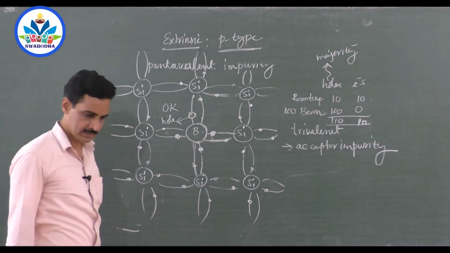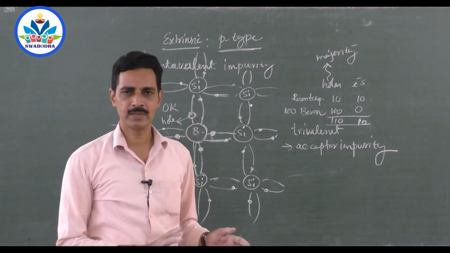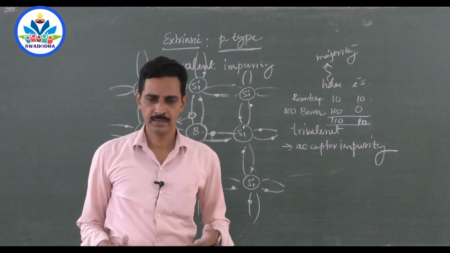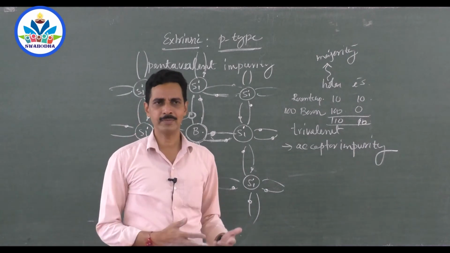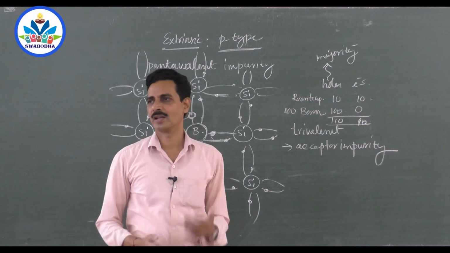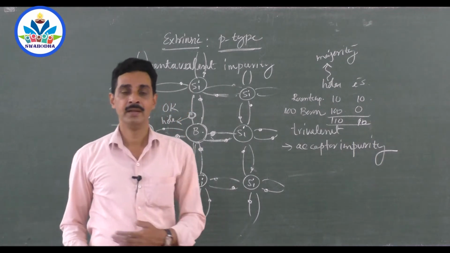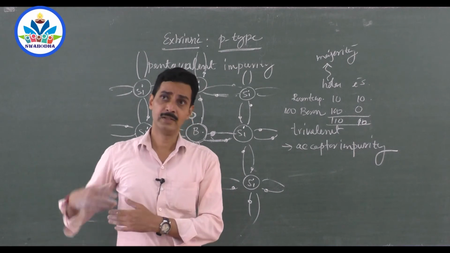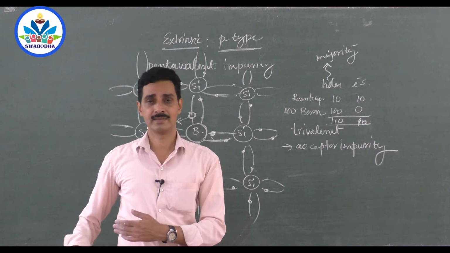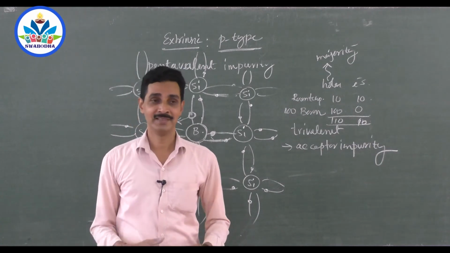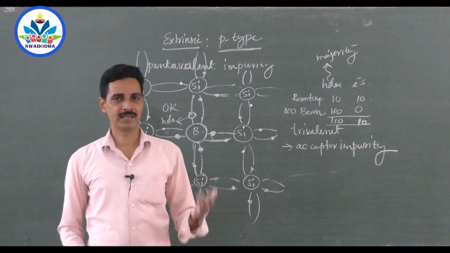So you may get a difference. What are the differences between N-type semiconductor and P-type semiconductor? You can write many differences. Both are extrinsic. In N-type semiconductor, electrons are more in number, majority carriers, and holes are minority carriers. In P-type semiconductor, holes are majority carriers, electrons are minority carriers. Of course, you can split it into two differences. And what else?